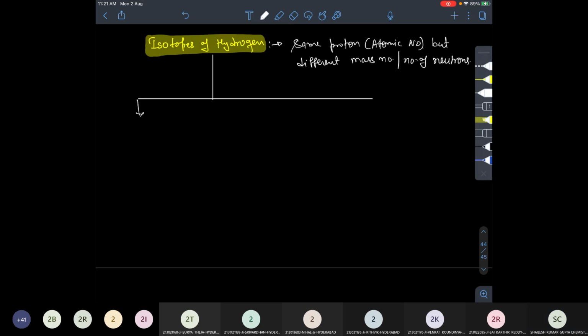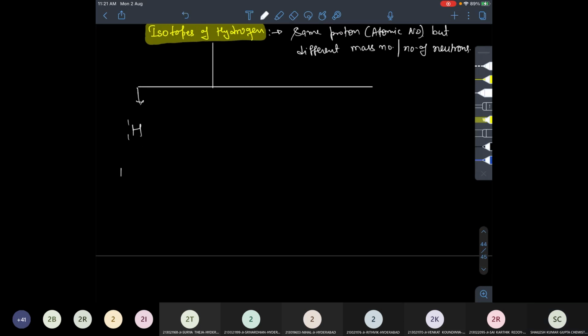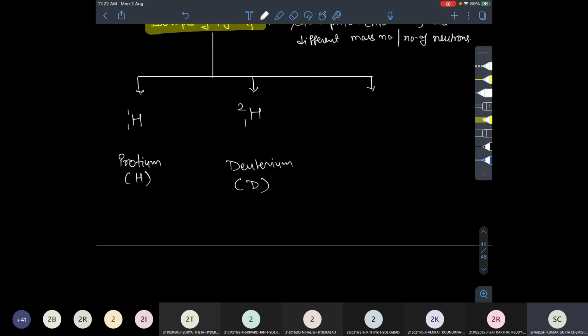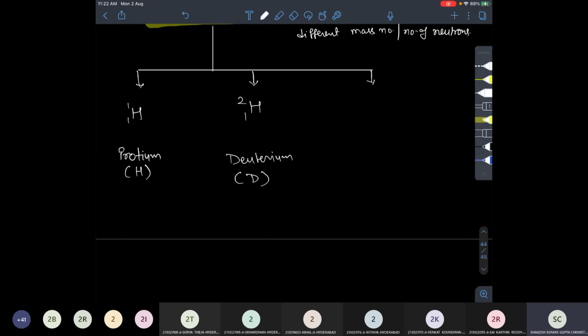Normal hydrogen, 1H1, is known as protium, simply represented as H. The second one, 1H2, is nothing but deuterium, simply represented as D. Just for hydrogen, we represent these symbols like this: H, D, T. The third one, 1H3, is named tritium, represented as capital T.